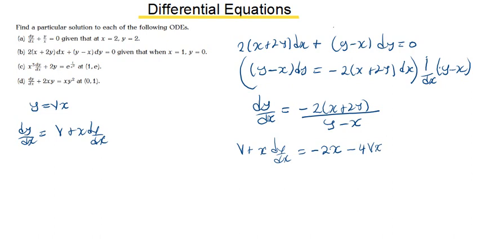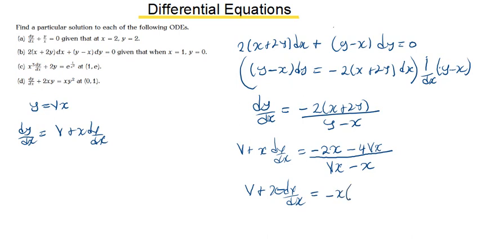Then here we're going to say, divide by, where there is y, we put vx minus x. So this is v plus x dv/dx equals, and you observe I can factor out negative x.